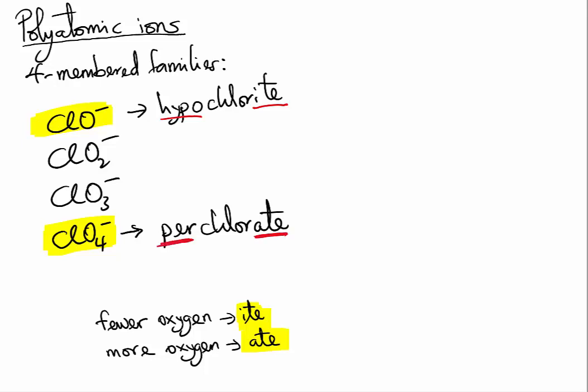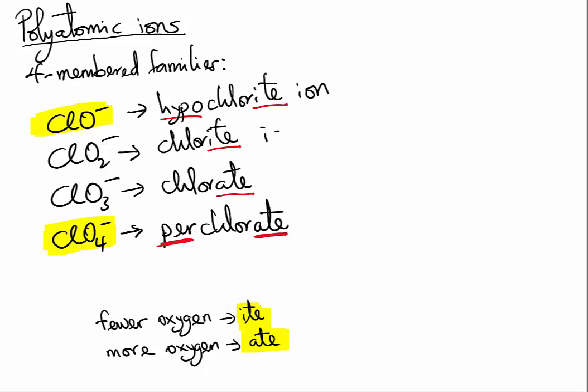And the per is due to the fact that it has the most oxygen. The remaining members of the family will simply be chlorite, because it is the next with fewest number of oxygen, so it ends with ITE. And chlorate, because it is the next in the most amount of oxygen, so it ends in ATE. But again, remember, all of these are ions because they all carry charges.